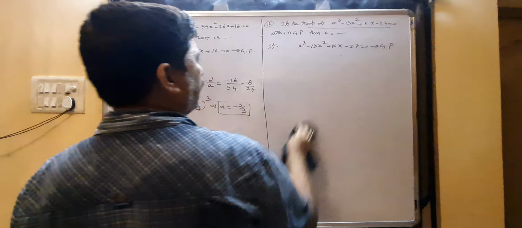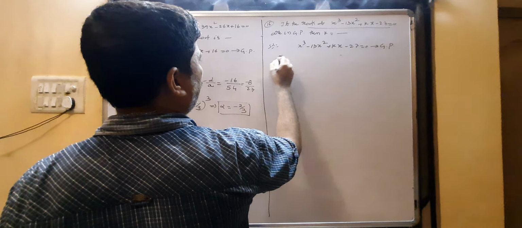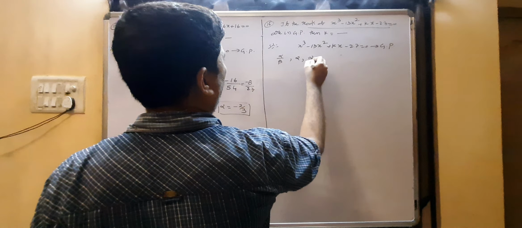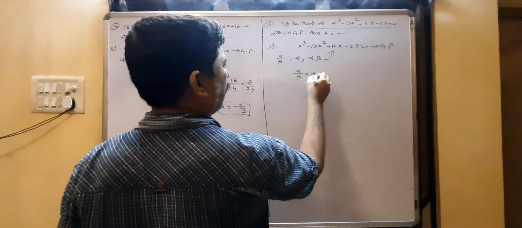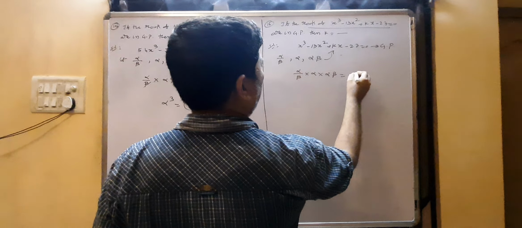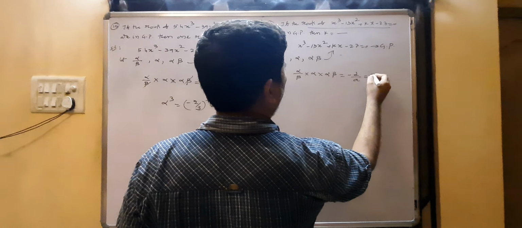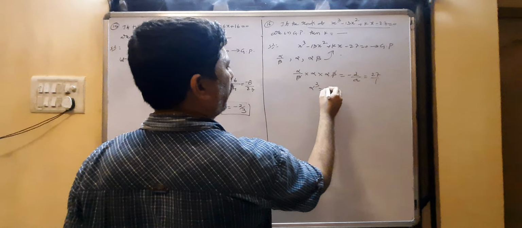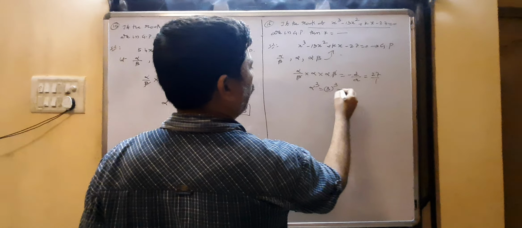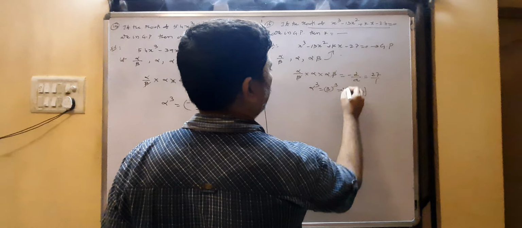Roots in GP means alpha by beta, alpha, alpha beta are the roots of this equation. Product of the roots you have to consider: minus d by a, that is minus of minus 27, plus 27 by 1. Beta cancels. Alpha cube equal to 27, that is 3 cube, that means alpha equal to 3.